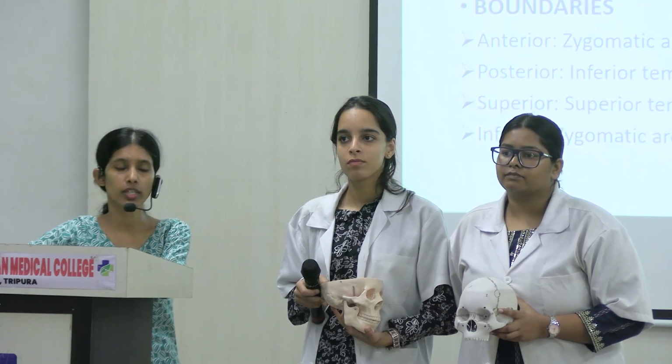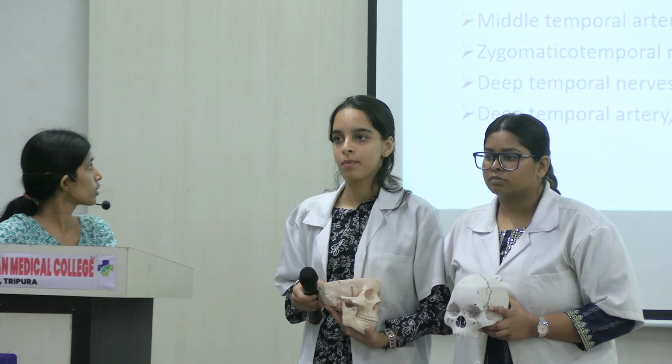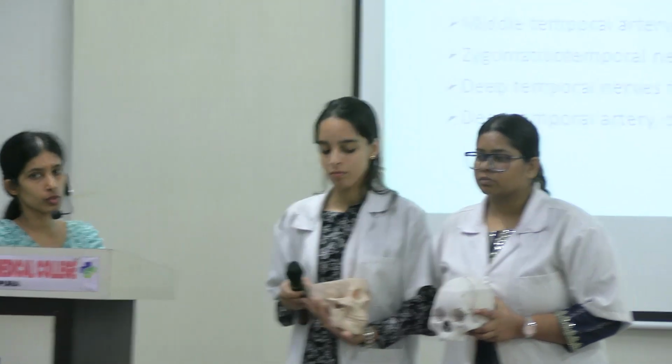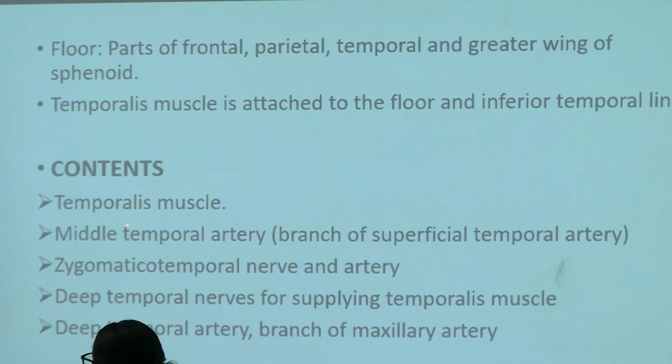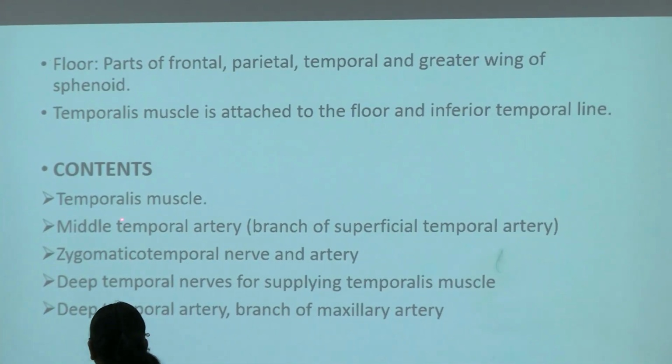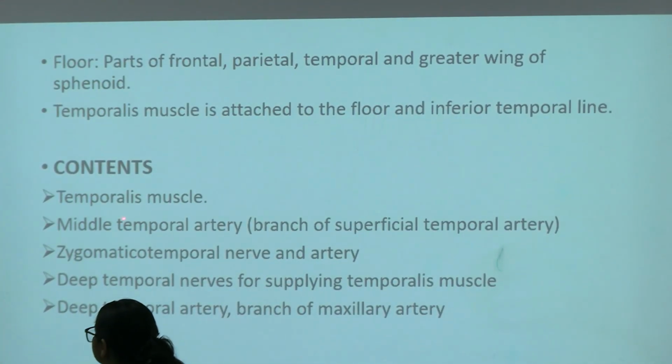So, what are all the contents? You can just randomly name any structures you know from this part. Contents of the temporal fossa: it has the temporalis muscle, which is covered or protected by the temporal fascia.